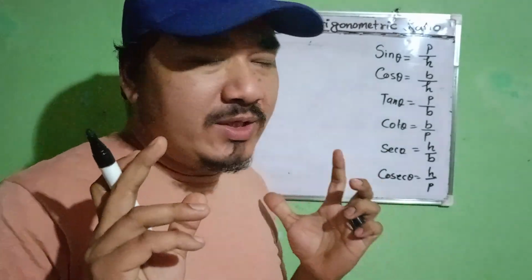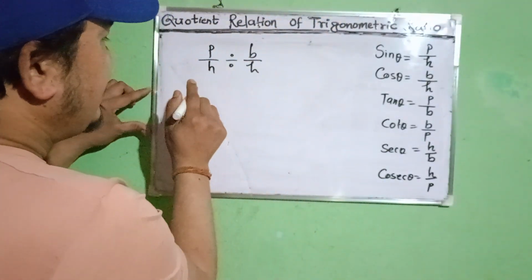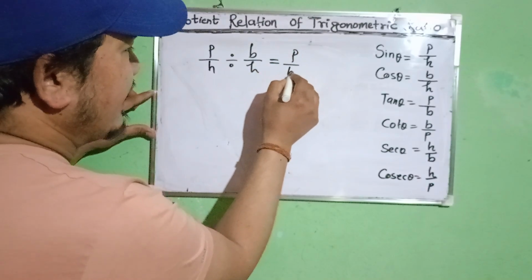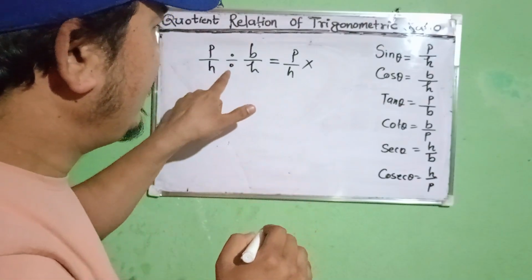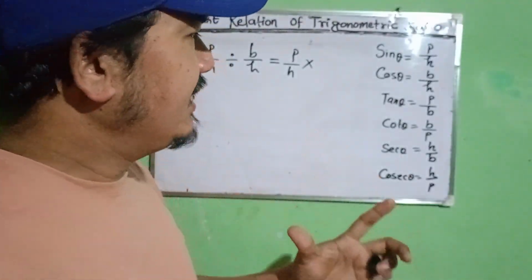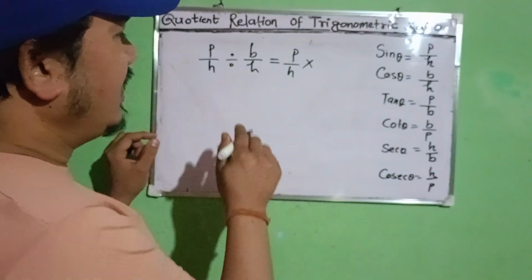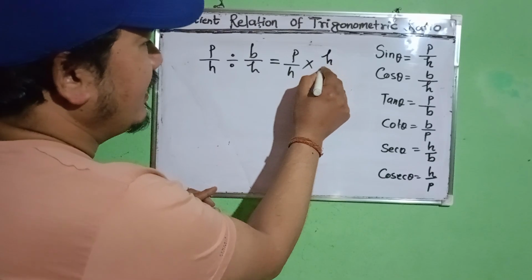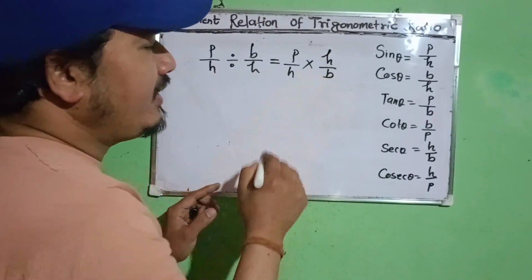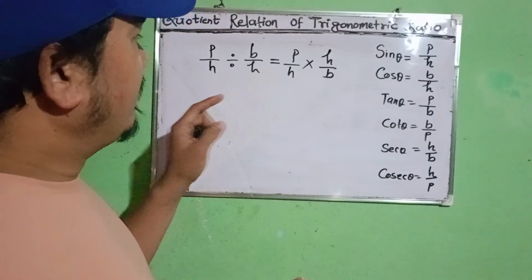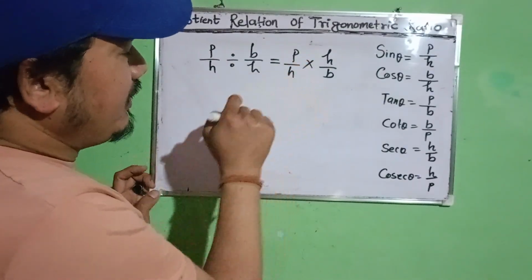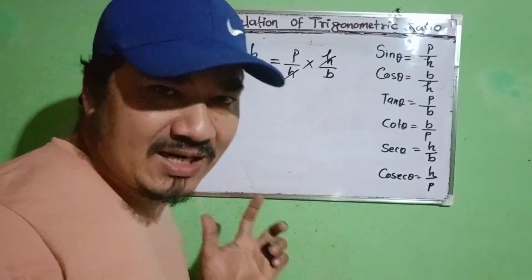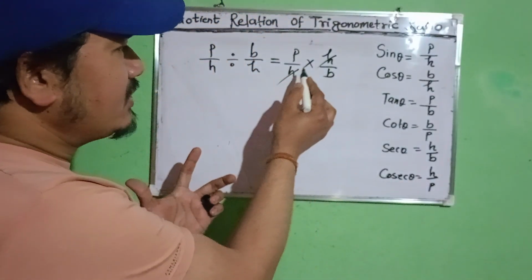When we divide, the division changes into multiplication, and we need to write the reciprocal. So p by h into the reciprocal of b by h, which is h by b. Then this h and this h cancel; hypotenuse and hypotenuse cancel.